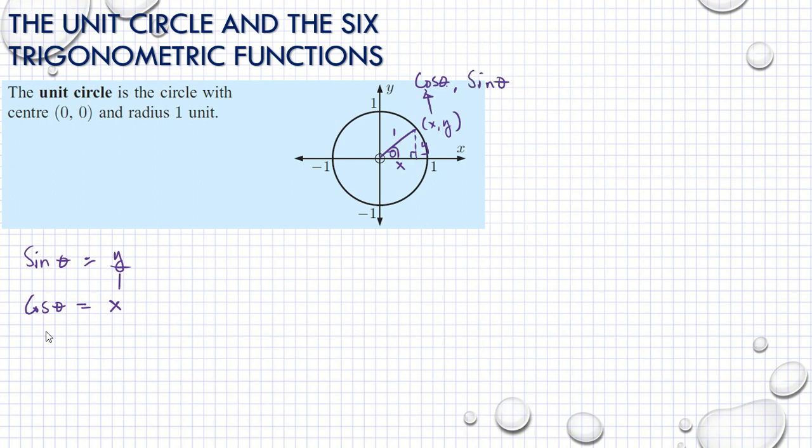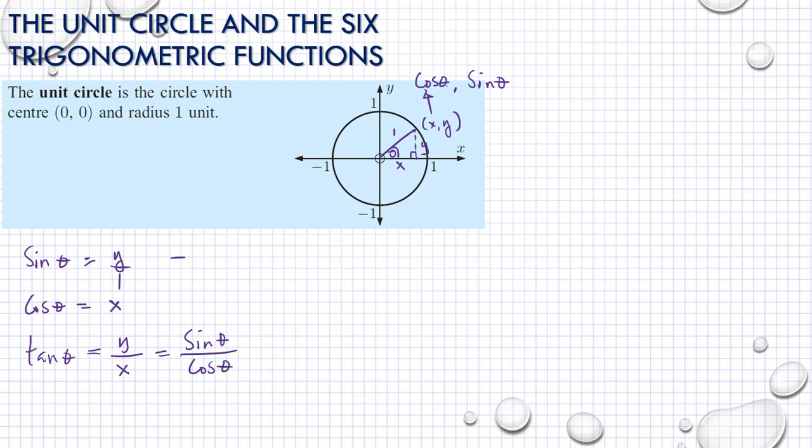And we have the tangent theta, the definition is opposite side divided by the adjacent side, or we have sine theta divided by cosine theta.